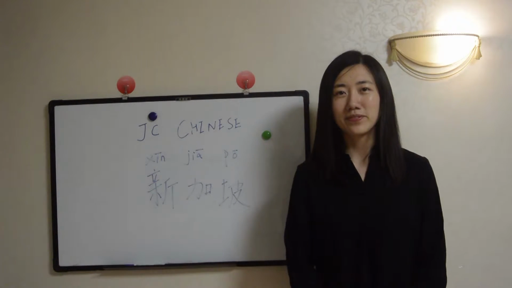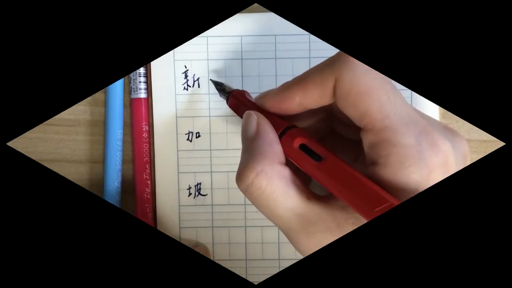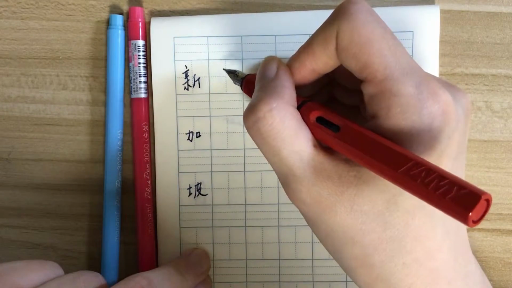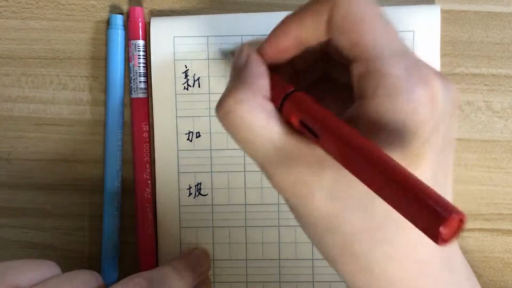Let's go. The first character of 新加坡 is 新. Now I'm going to write it down. Please pay attention to the stroke order.